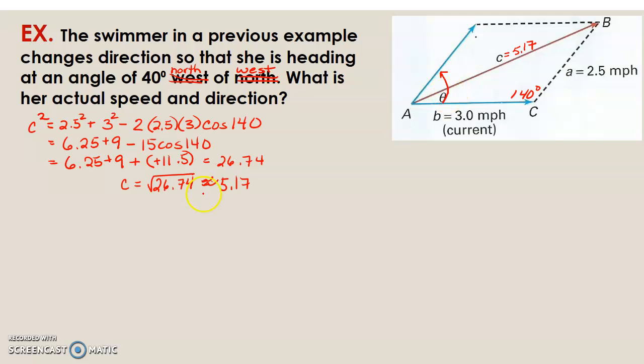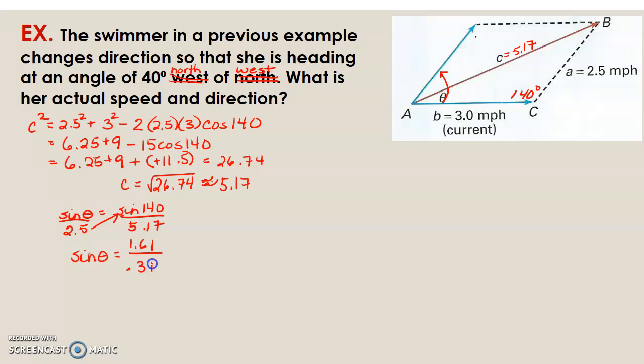Okay, well, the sine of theta over 2.5 is going to equal the sine of 140 over that 5.17. So if I cross multiply, then the sine of theta is 2.5 times sine of 140, which is 1.61 roughly, divided by 5.17.